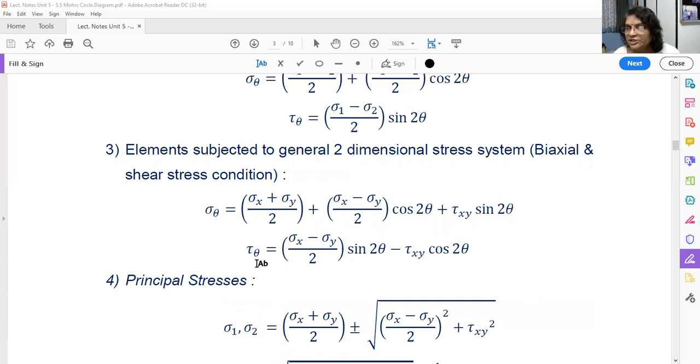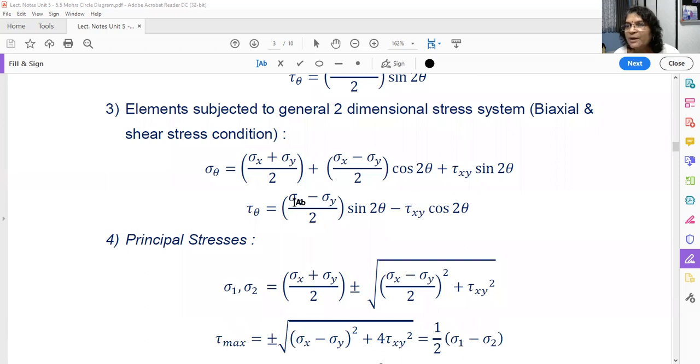Then tau theta, that is shear stress, is equal to (sigma x minus sigma y) by 2 into sine 2 theta minus tau xy into cos 2 theta. Sometimes the notations are simply tau, sigma 1, sigma 2, but please remember the formulae, not the notations.